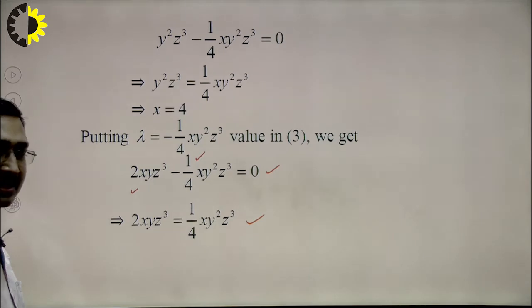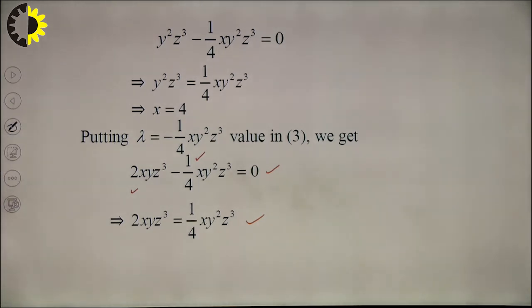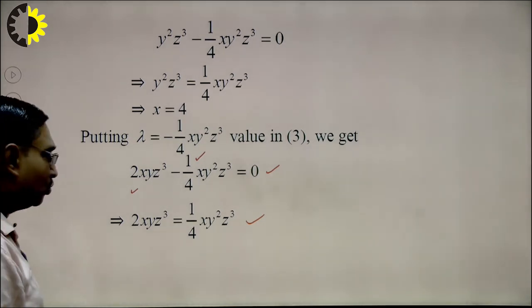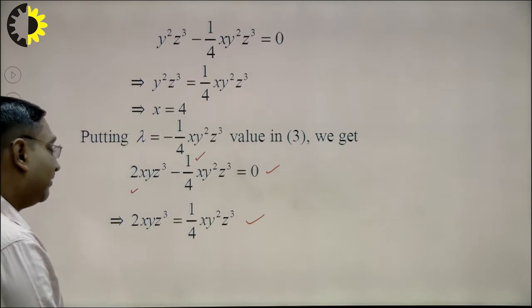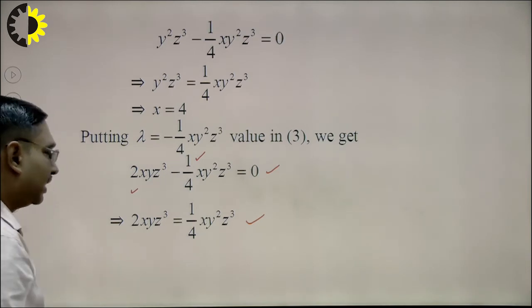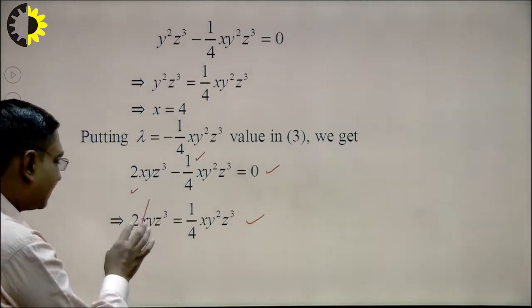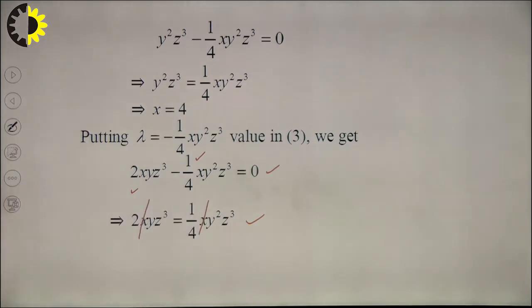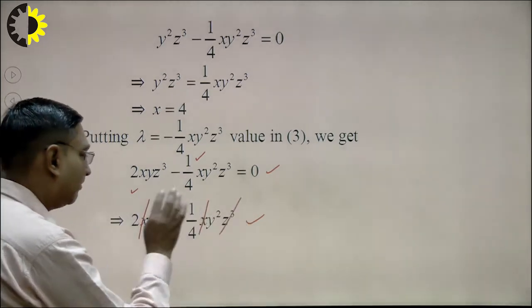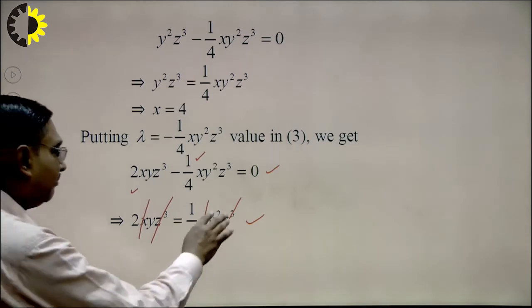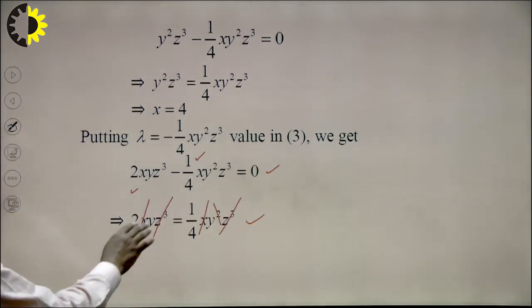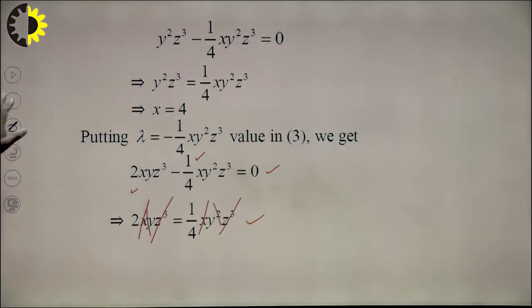Again, using same argument, x, y and z can be assumed to be non-negative, in fact non-zero I should say. This x will cancel out, this z cube will cancel out, and 1 power of y will cancel out from this y, and in this manner we shall obtain y equal to 8.